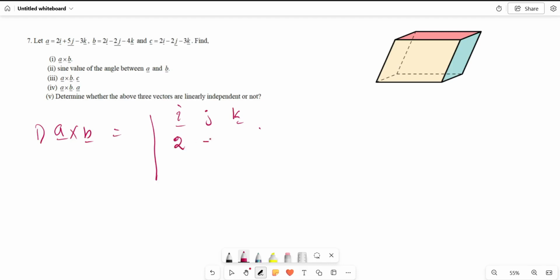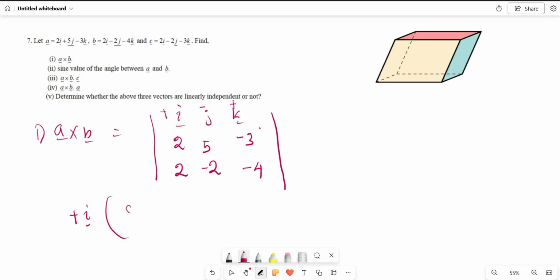For b, it is 2i minus 2j minus 4k, so here minus 2 and minus 4. Now you know how to get this. The first sign is positive, the second negative, and the third positive. So put positive i times, and draw the vertical line and the horizontal line crossing this side. Then multiply the 5 and minus 4, and subtract the other product.